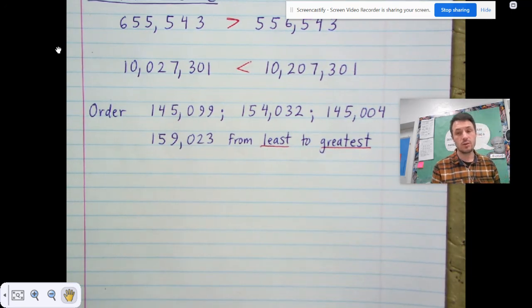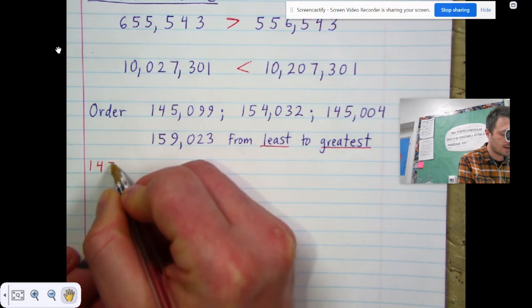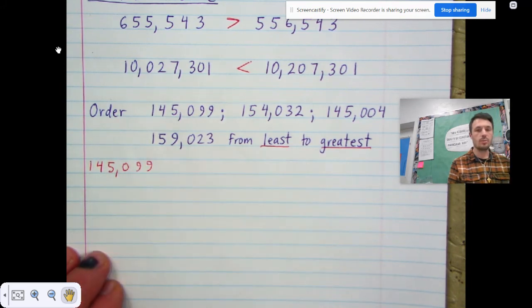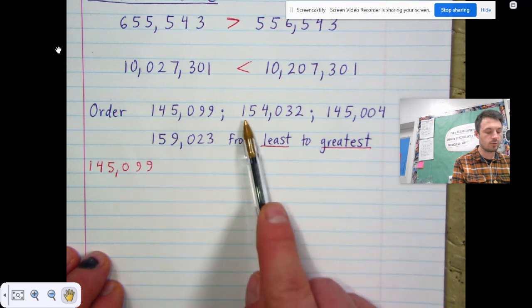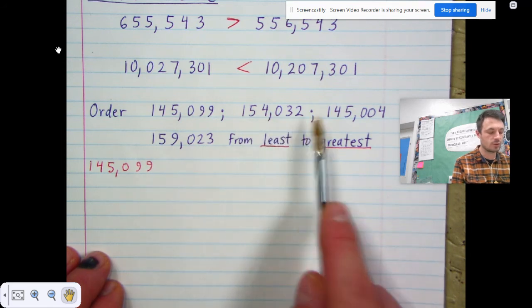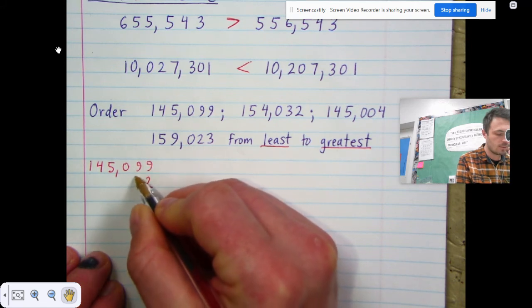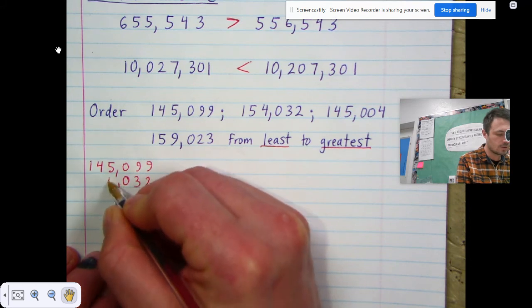And the best way to do this when you're comparing more than two numbers is to start by stacking them up. So I'm going to stack them up, being very careful to line up all the place value positions. So this is 145,099, and I'm going to put right under it 154,032, being very careful to line up my ones place with my ones place, my tens place with my tens place, my hundreds place with my hundreds place, and so on.